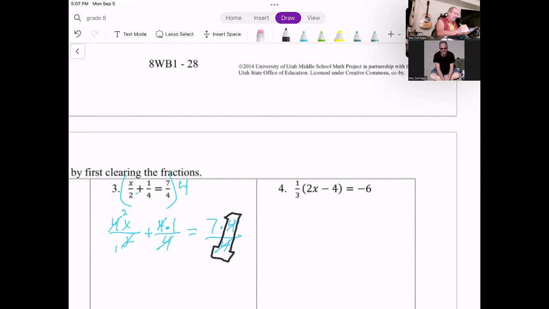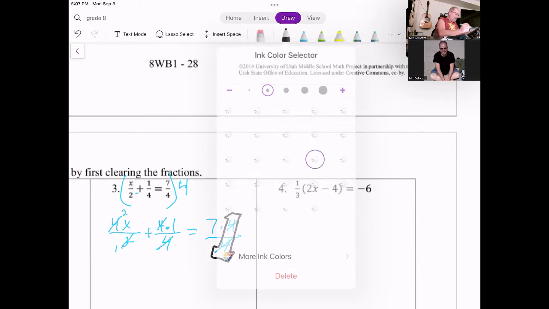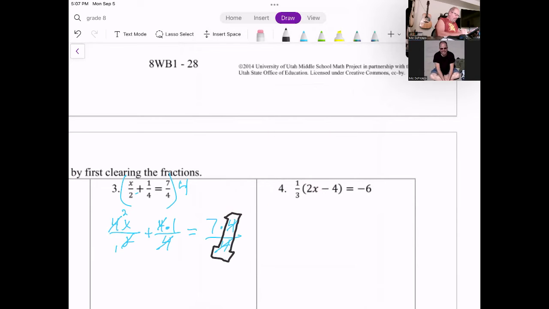That's where that 2 came from. So here we have 2x, the result of that, plus here we have 1 equals 7.